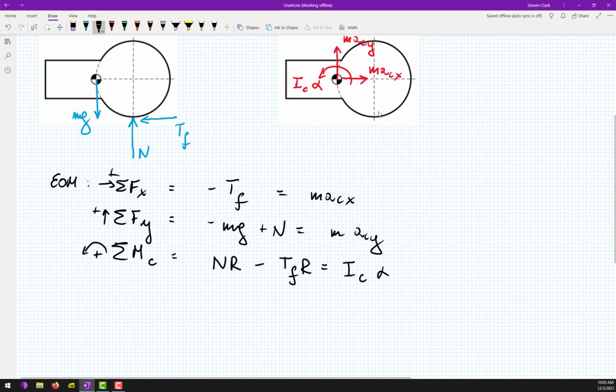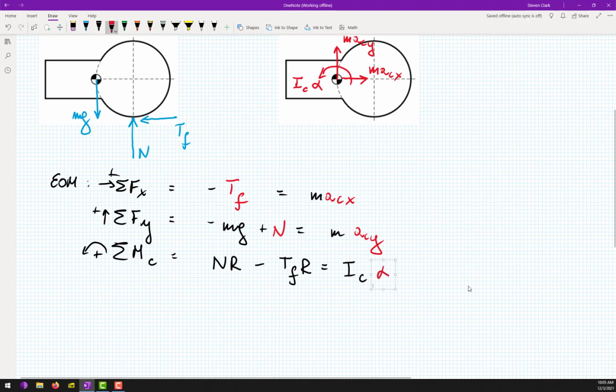Alrighty, we have 3 equations. Let's count our unknowns. This is not known, this is not known, N is not known. Oh no, there is also a 5th one here.